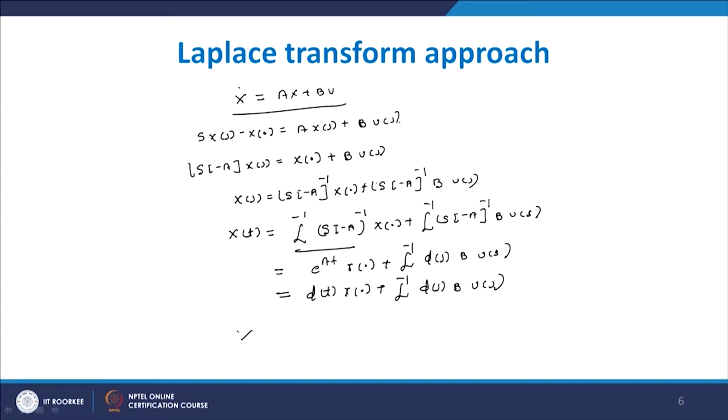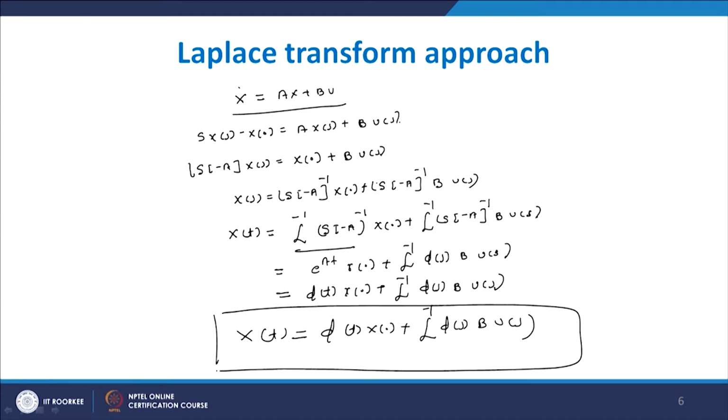That means, finally, this x of t equal to phi of t into x naught plus Laplace inverse of phi of s b into u of s. So, you will find that even mathematically, by deriving this equation, we have reached easily the x of t, and this x of t is based on the Laplace inverse of (sI minus A) inverse.